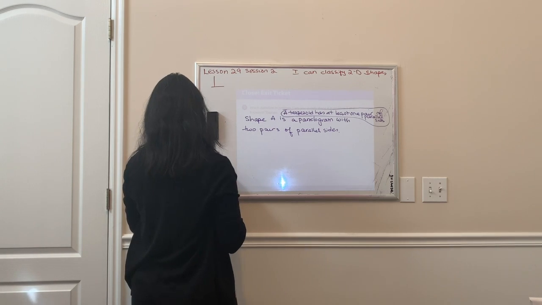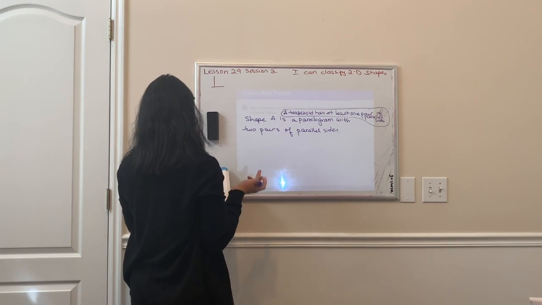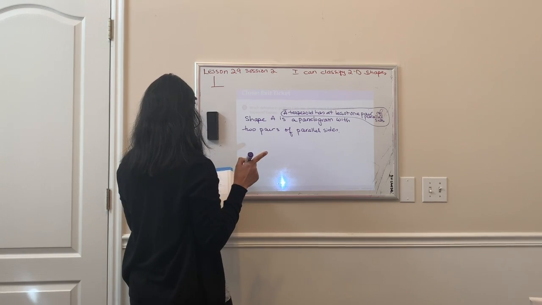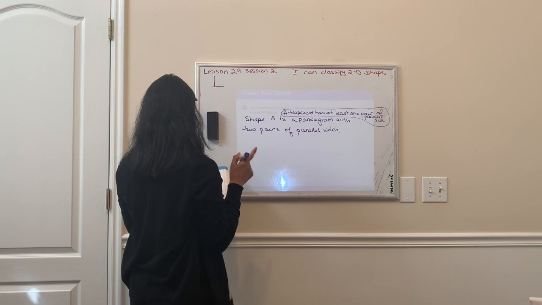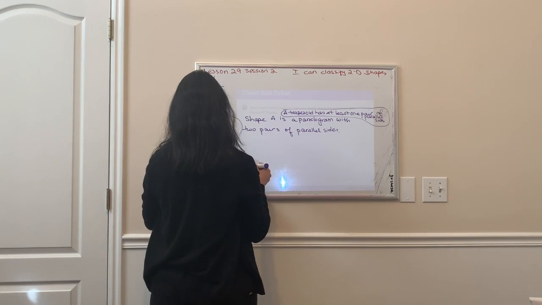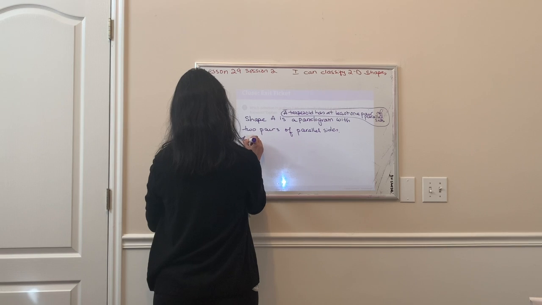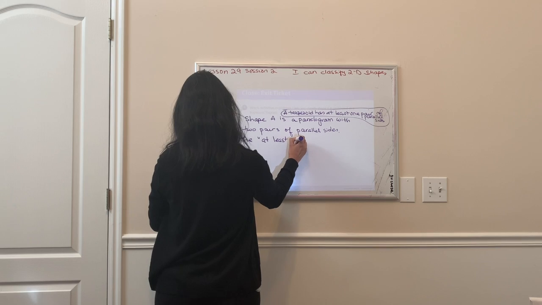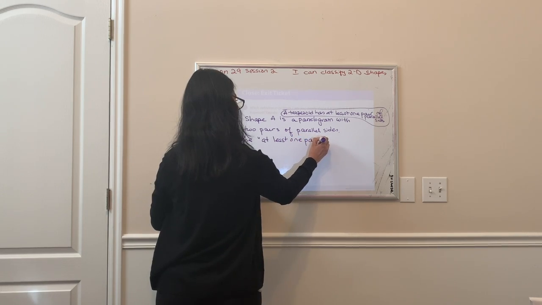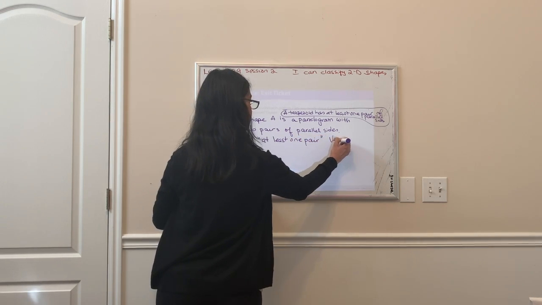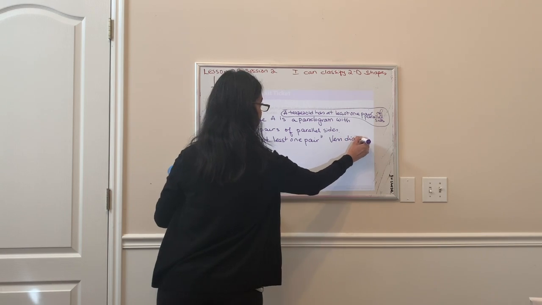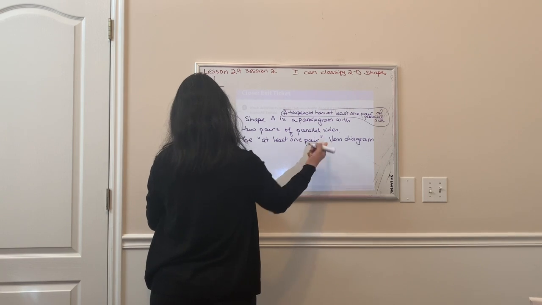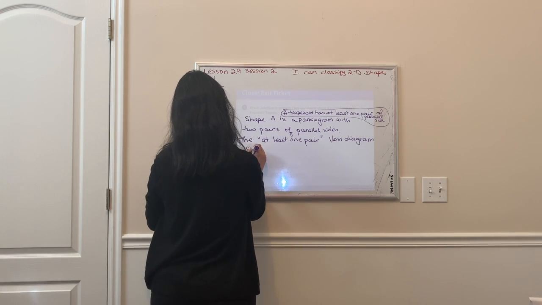And now we're gonna do the other one, which is the at least one pair Venn diagram shows that parallelograms are also trapezoids under that definition. And remember, we drew this in your book, so you should have that one that we labeled the at least one pair Venn diagram.